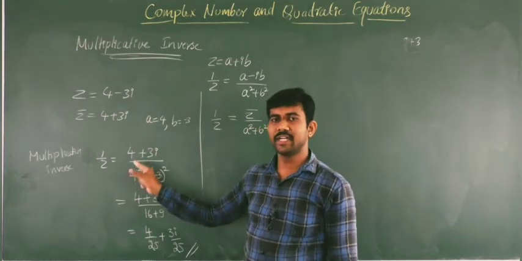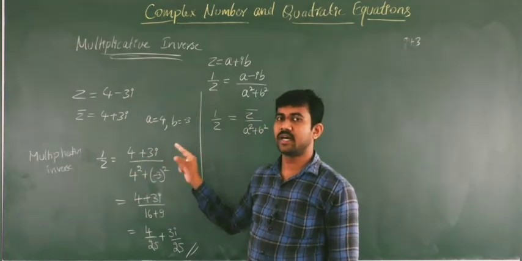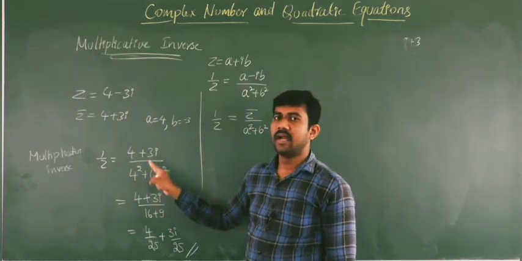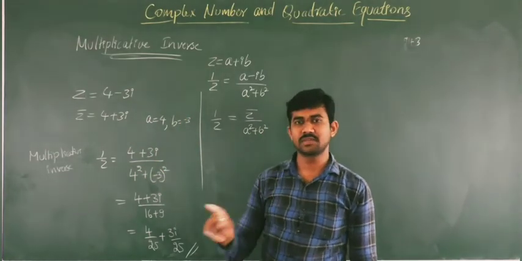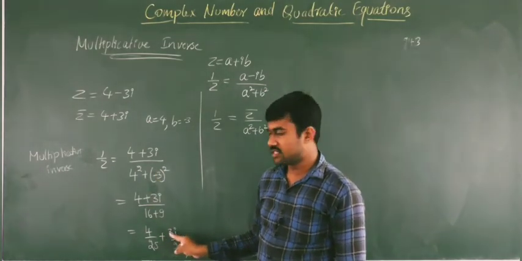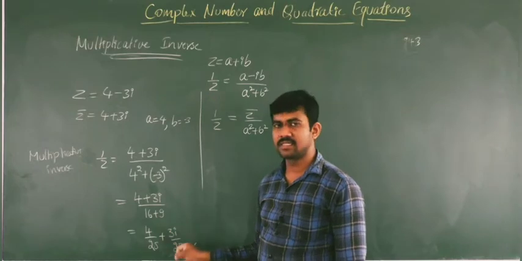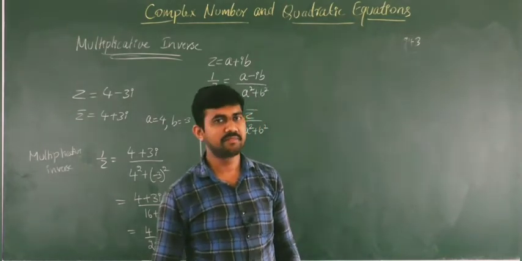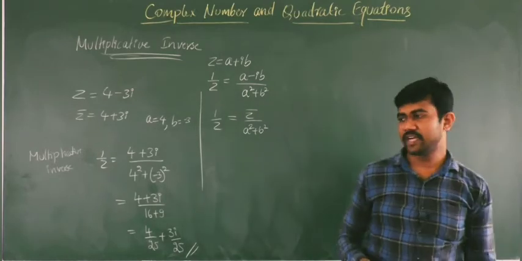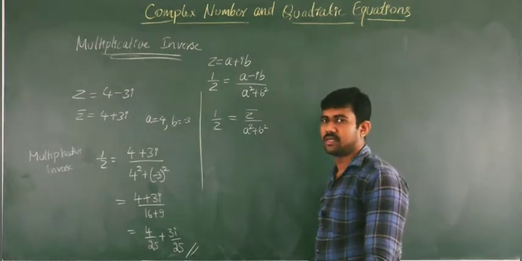To find the multiplicative inverse, in the numerator we have z bar, the conjugate of the given complex number, and the denominator is a square plus b square. Substitute in the formula, and after simplification we'll get 4 by 25 plus 3i by 25. That is the answer. Okay, that was the last for 1 mark to find the multiplicative inverse of a given complex number.